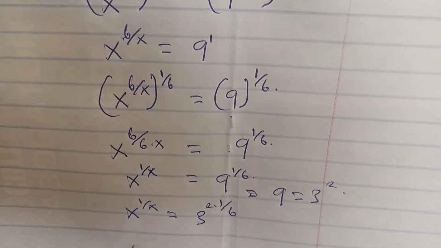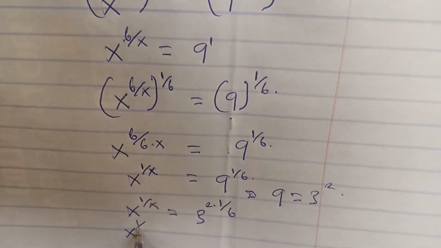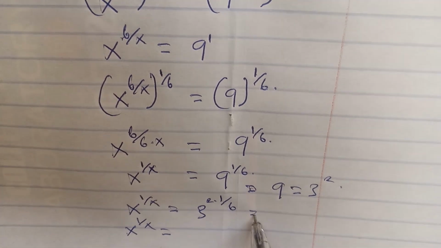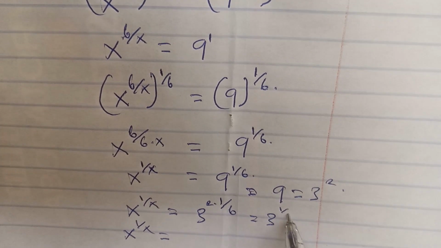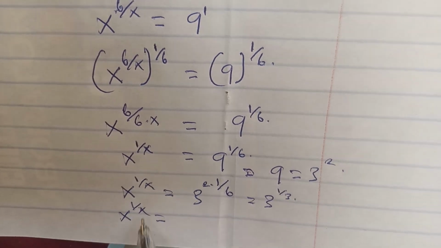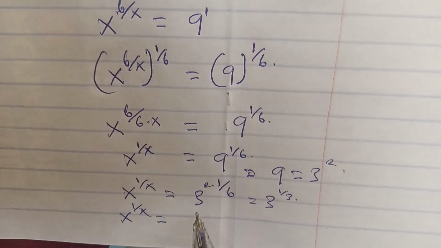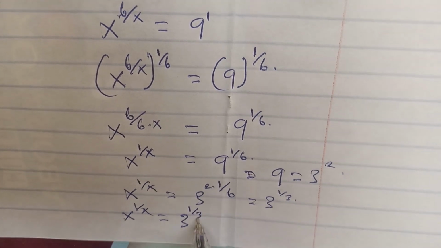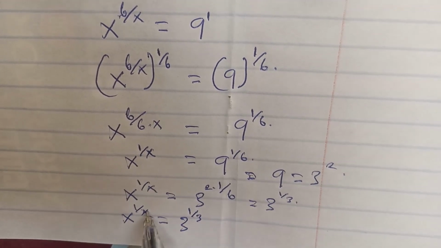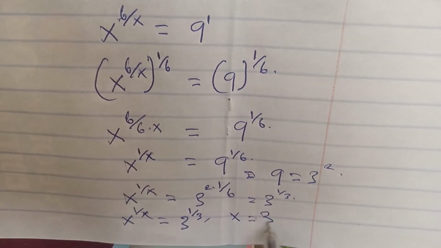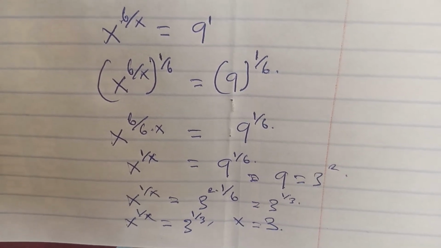So 2 over 6, 2 here 1, 2 here 3, which is also equal to 3 to the power of 1 over 3. So x to the power of 1 over x equals 3 to the power of 1 over 3. So by comparison, my x is equal to 3. So this is for the first method.